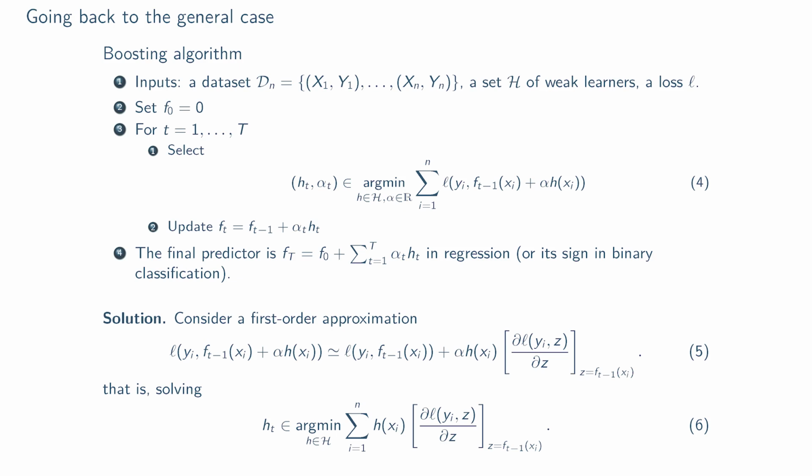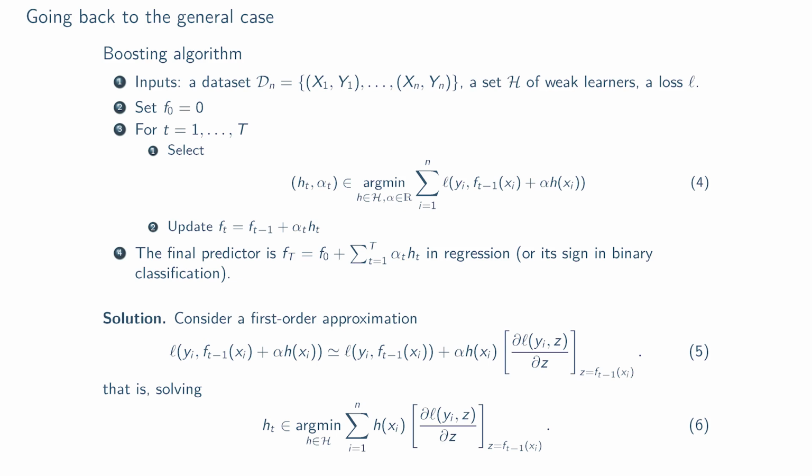Using the fact that the first term of 5 does not depend on either of the two quantities to be optimized, we can inject 5 into 4 and obtain the simplified optimization problem presented in 6, where, without loss of generality, we have assumed that alpha is positive. If this is not the case, we can consider minus alpha and minus h as replacement for alpha and h, which leaves the optimization problem unchanged.